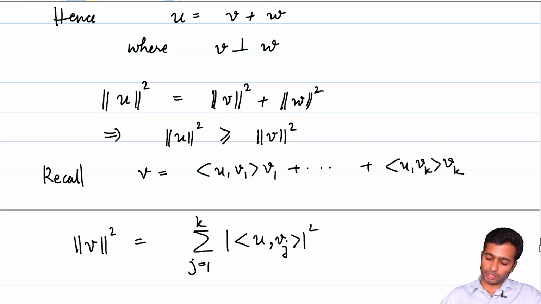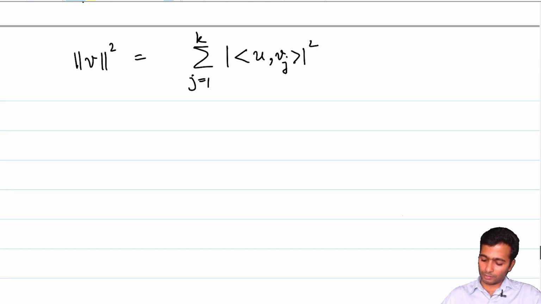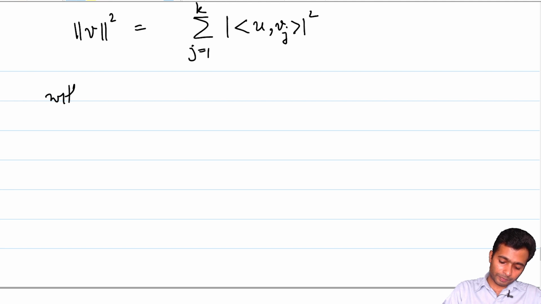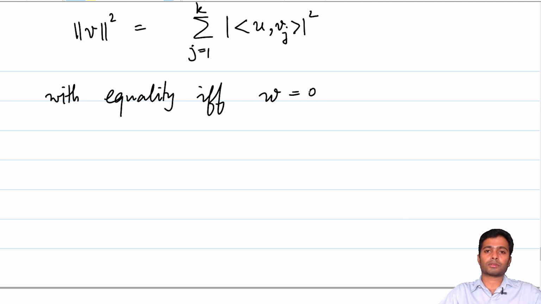What can we say about equality? We can say that the equality happens if this w is 0, right? With equality if and only if w is equal to 0. But what does that mean?